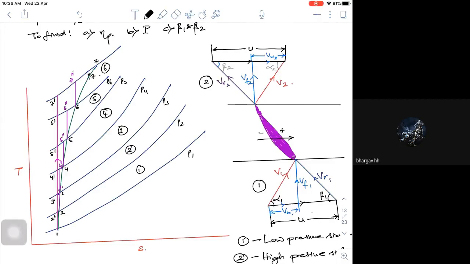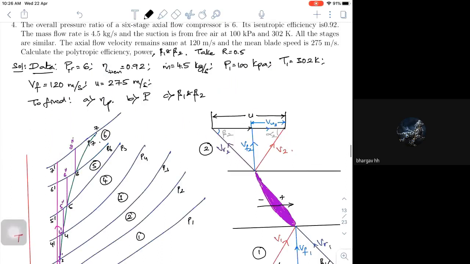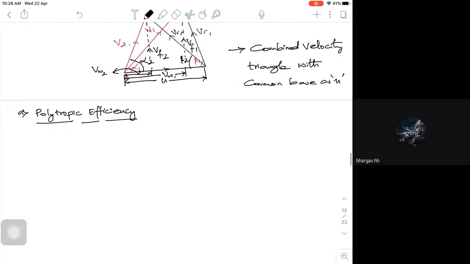The total pressure ratio is equal to the last pressure divided by the initial pressure, so P7 by P1, which is the stage pressure ratio to the power of the number of stages.